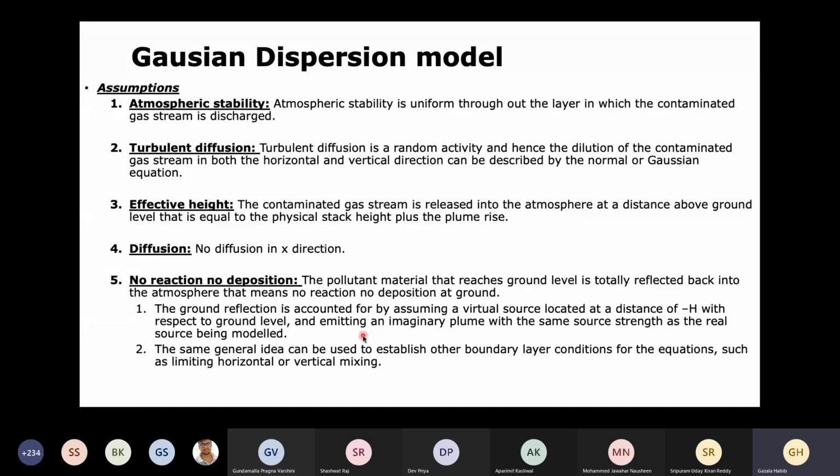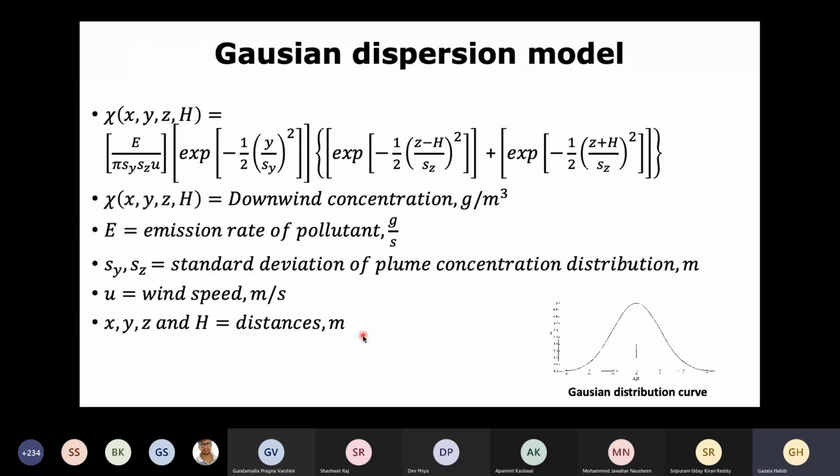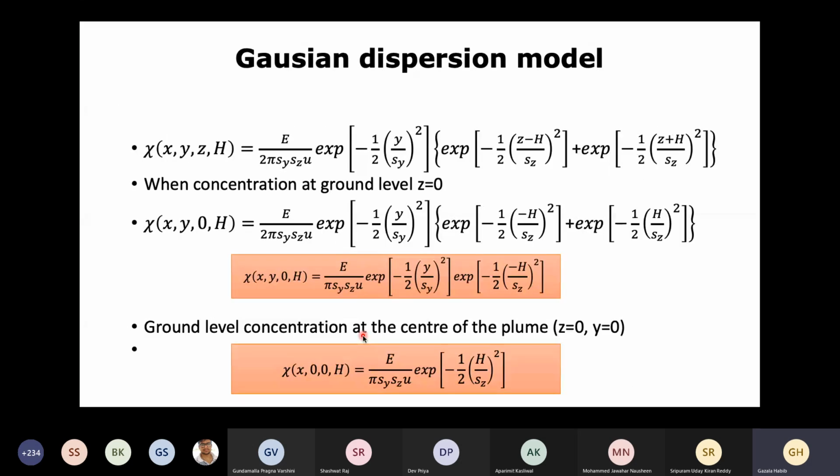Overall, in one sentence, there is no sink for the pollutant in the atmosphere. Whatever is coming out remains in the atmosphere. That's why there are two terms for Z: Z minus H and Z plus H.